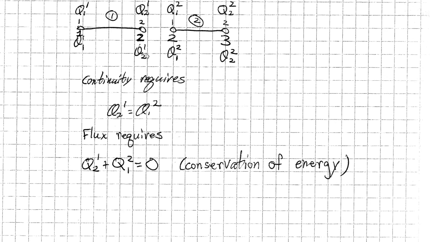So imagine you could take a bar and you could put a hot iron on it. You would get an external flux that would require this to be non-zero. But if you don't have an external flux on intermediate nodes, this will always be 0 and satisfy energy.